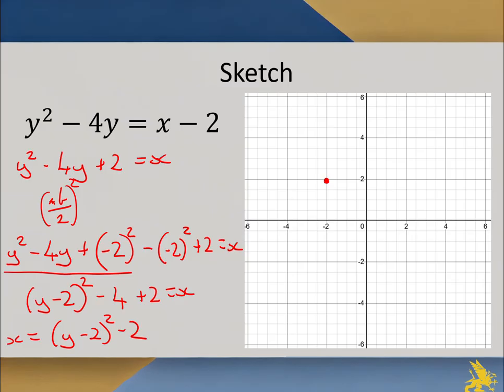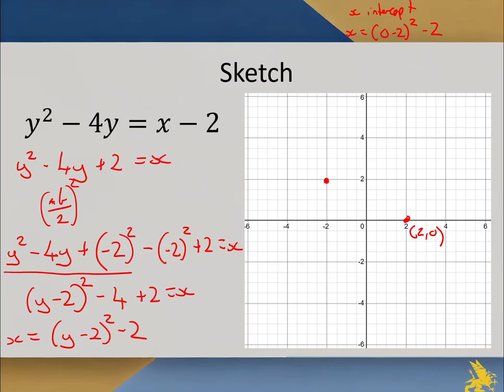So I'll do it up the top: x is equal to 0 take away 2 squared, take away 2. I will then solve that. 0 take away 2 is -2. -2 squared is 4. 4 take away 2 is 2. So I've got it right here on 2, and I'll label that when x is 2, y is 0.